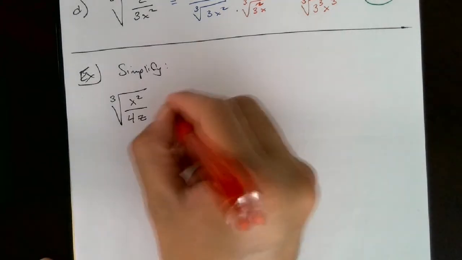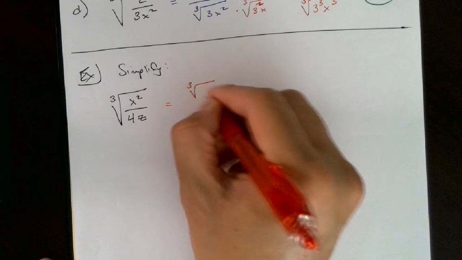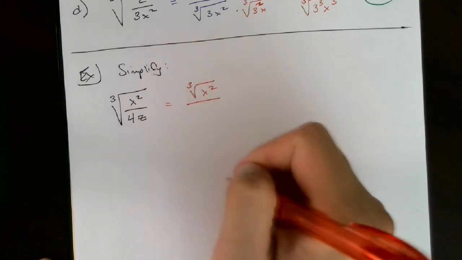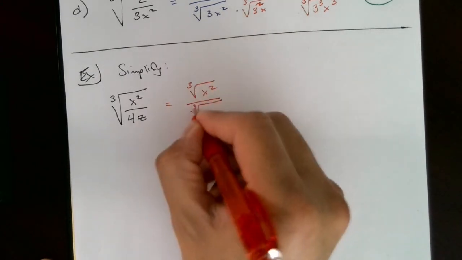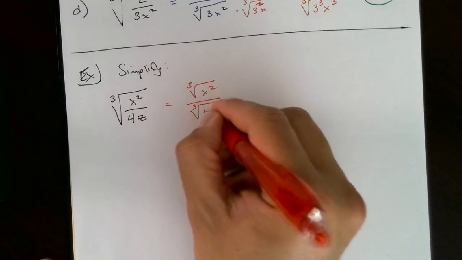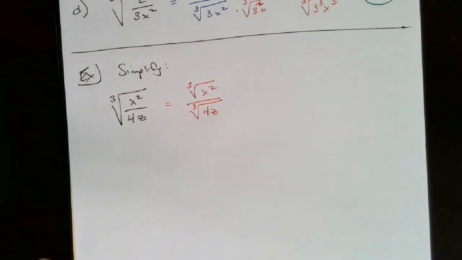First thing I notice is that I want to take the cube root of the numerator, which is x squared, over the cube root of the denominator, which is 4z.